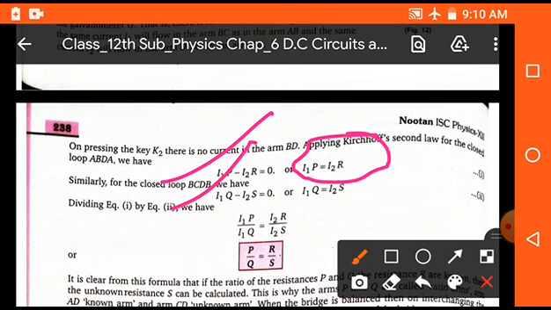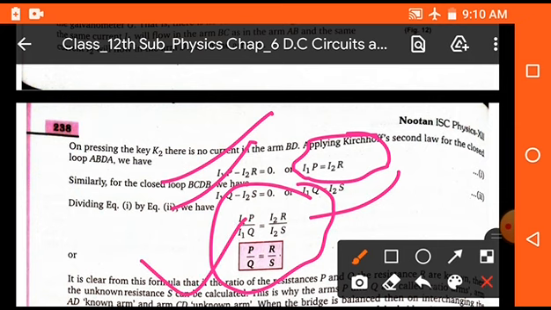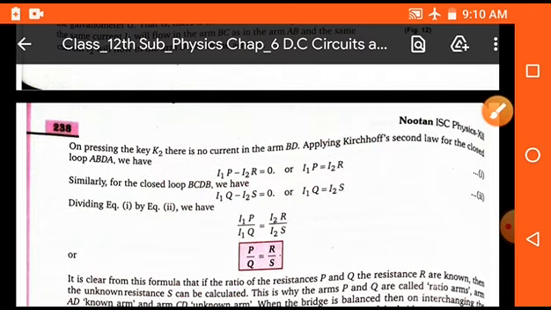In the same way, I1Q minus I2S is equal to 0. That means I1Q is equal to I2S. By dividing these, we finally get P upon Q is equal to R by S. So this is the required formula of the Wheatstone bridge, and with the help of this formula, we can easily find any unknown resistance.